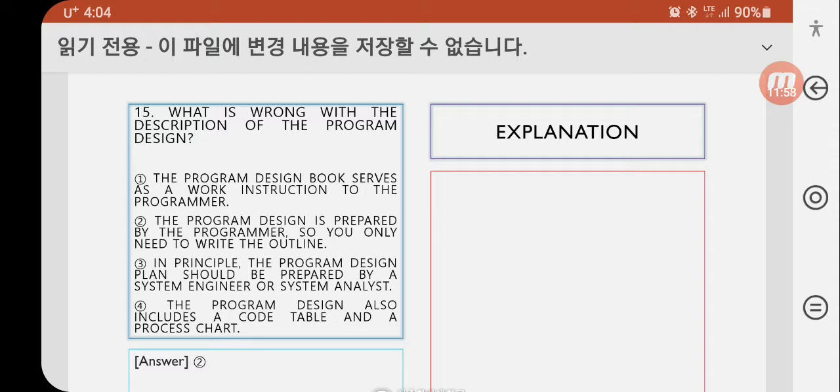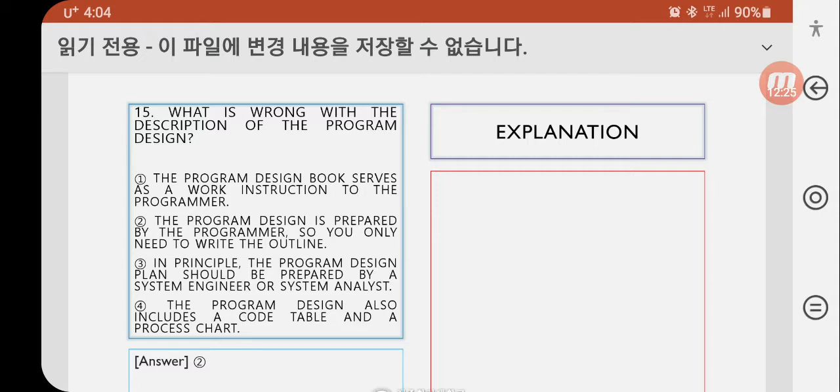Which of the following examples is incorrect as a description of the program design? Number one, the program design serves as a working guide for the programmer. Number two, program design is directly written by the programmer, so you only need to write an outline.